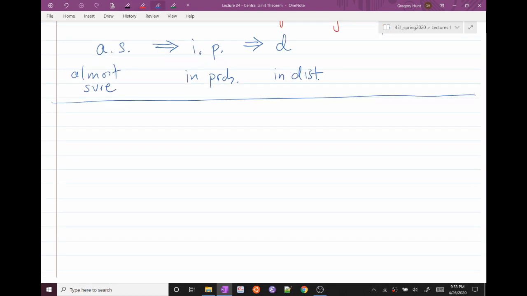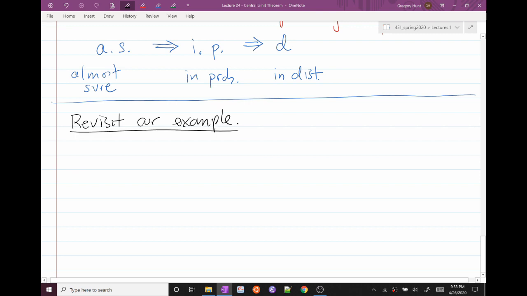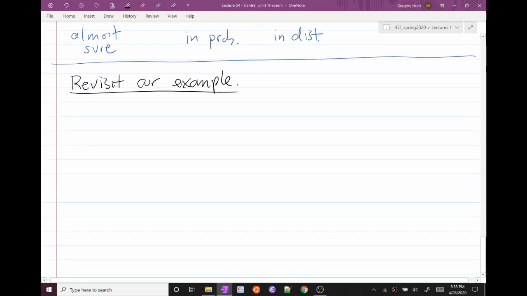So let's look again at our example. That's kind of a weak example of convergence in distribution because it was a degenerate distribution. So let's revisit our example, and instead define z sub n to be n times (1 minus y sub n).